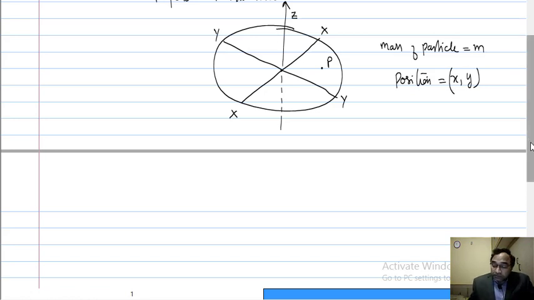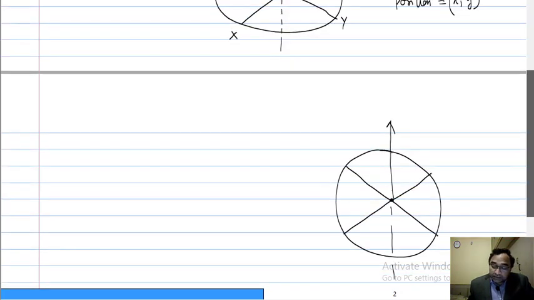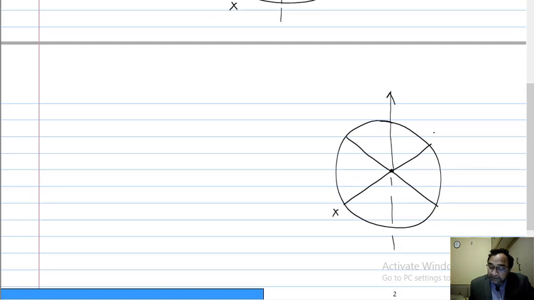Now, let us observe how exactly we can find out this moment of inertia. If we redraw it once again, it becomes something like this. We have taken this as x and this as y. So, the point is here, P. Now, this is the z axis.